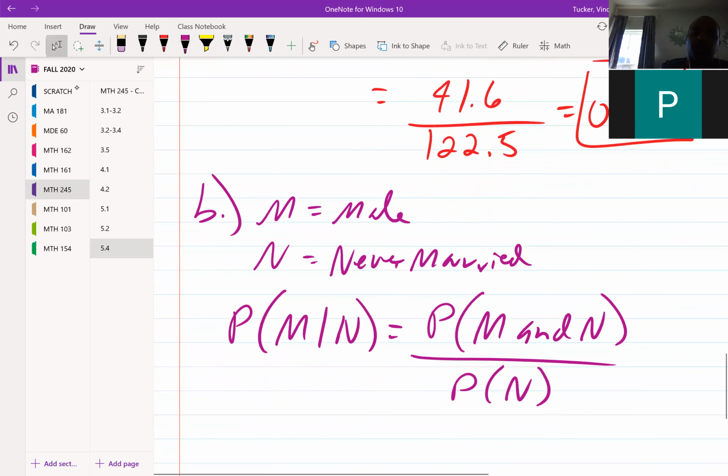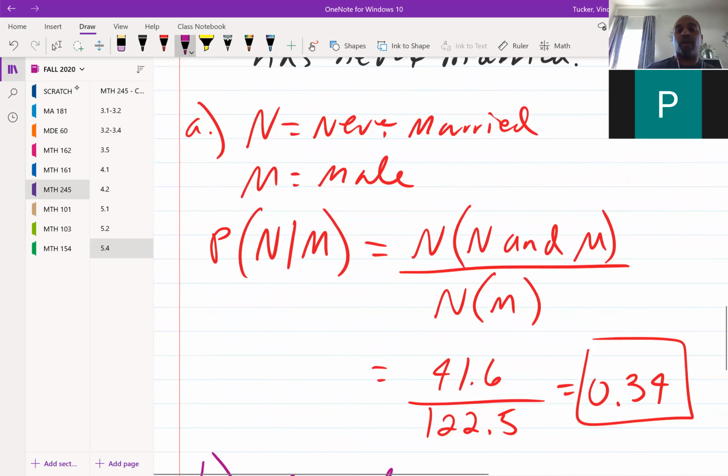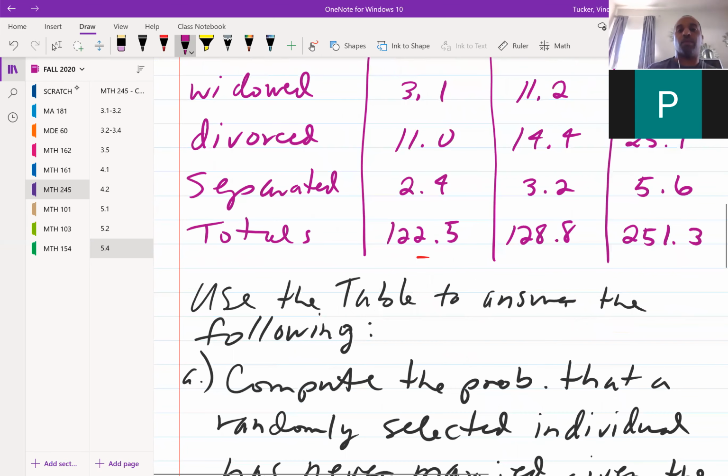So we want the probability of, not probability, sorry. We don't have probability, we have numbers, the number of people that fit that category. So we want the number of people that are male and never married. And we already did that. That's that same number of 41.6.